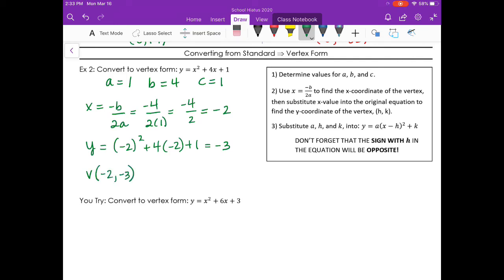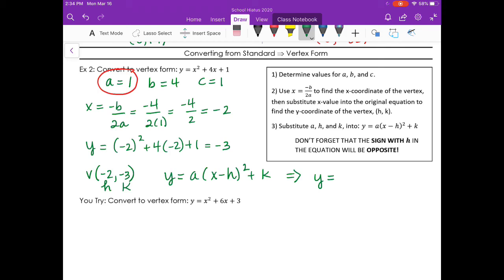Vertex form is y equals a times (x minus h) squared plus k. So we'll take the coordinates of our vertex, negative 2 and negative 3, and we'll substitute those into the equation for h and k. We'll also use the value of our leading coefficient a, which in this function is 1.